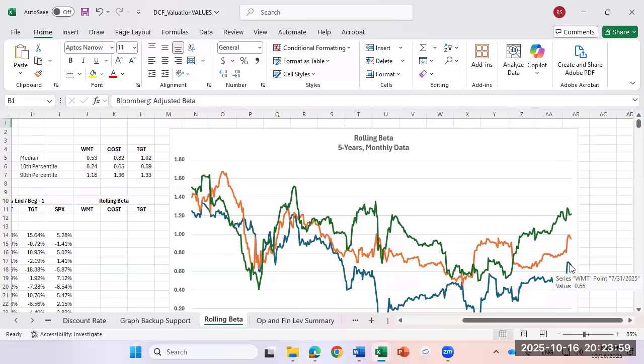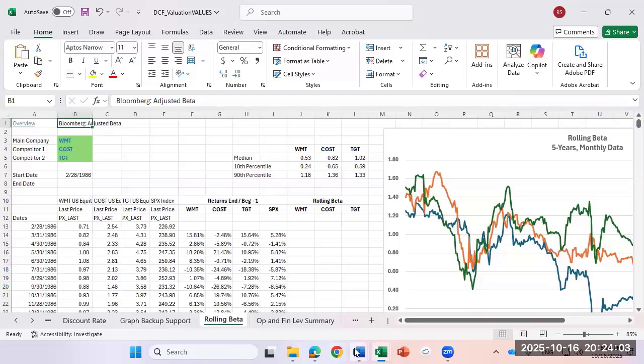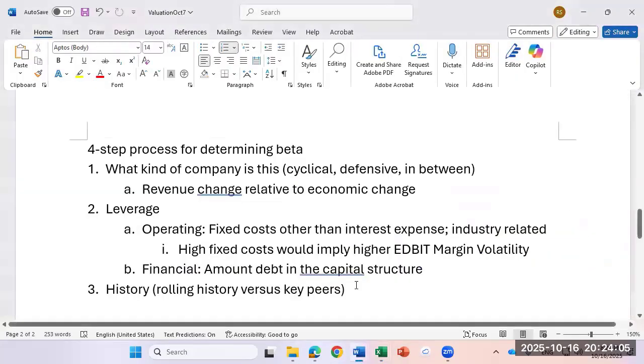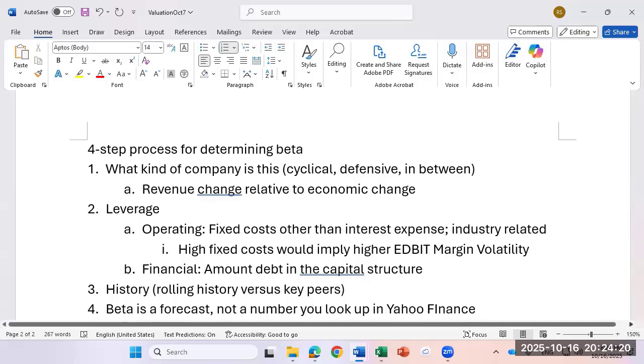So those are the sources that you have. You can bring in an equity beta, but my bottom line is what? Beta is a forecast, not a number you look up on Yahoo Finance. That's my position.